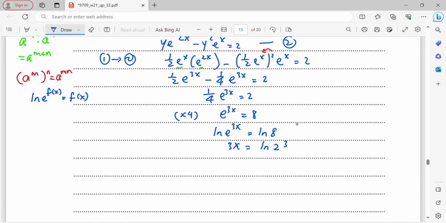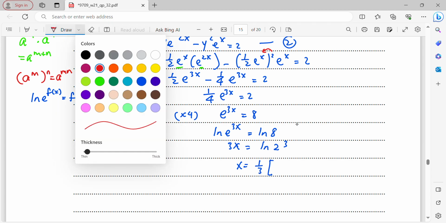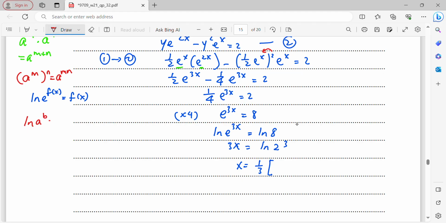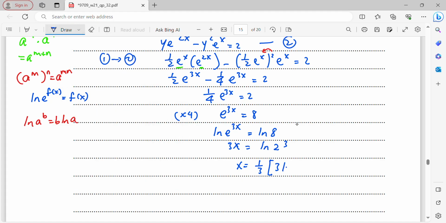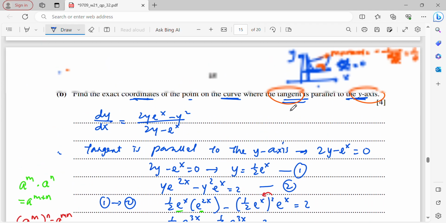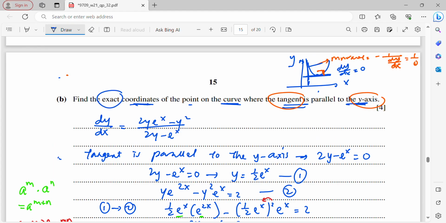Alright, so now to get the x, we have another ln formula. Ln a to the power of b is b ln a. That means the 3 can be brought down. So I will write 3 ln 2. So 1 over 3 times 3 is 1. Therefore, my x is ln 2. Okay, now that is the requested answer because it's exact.